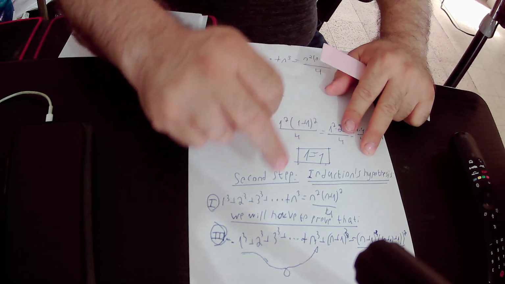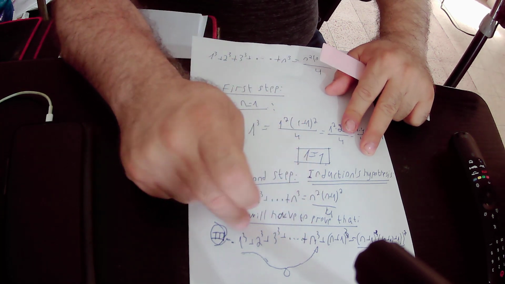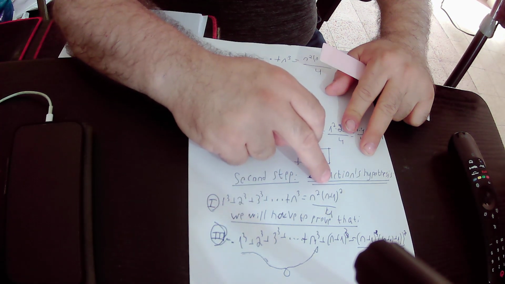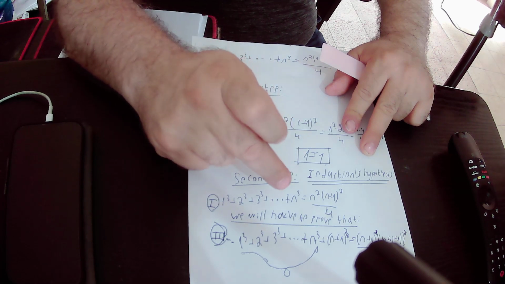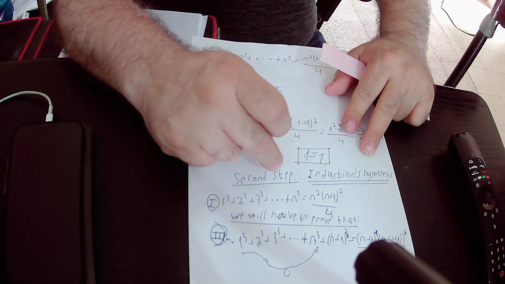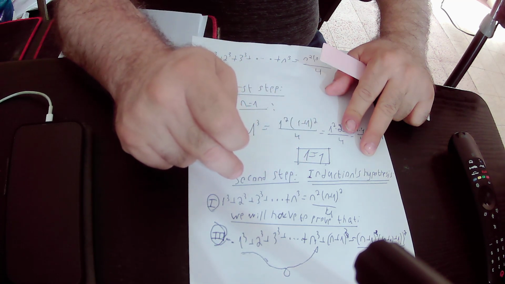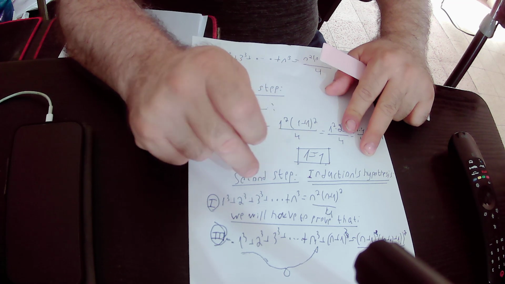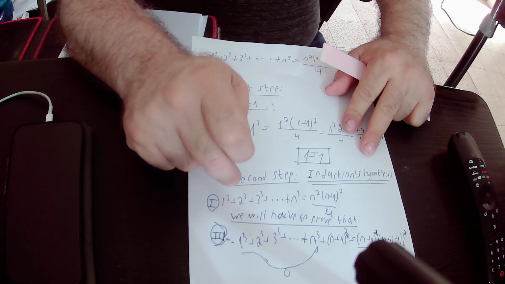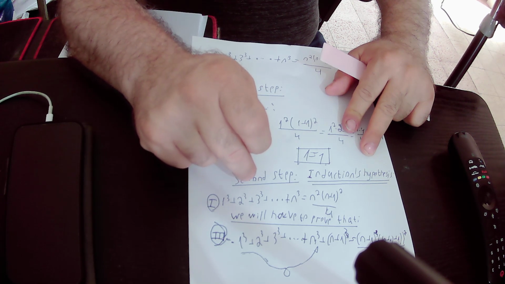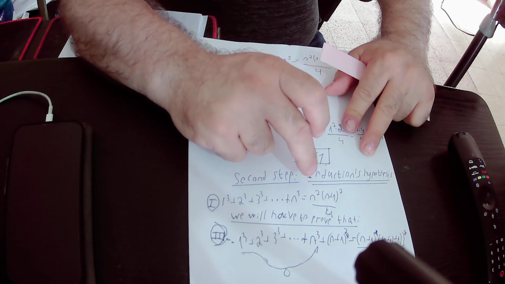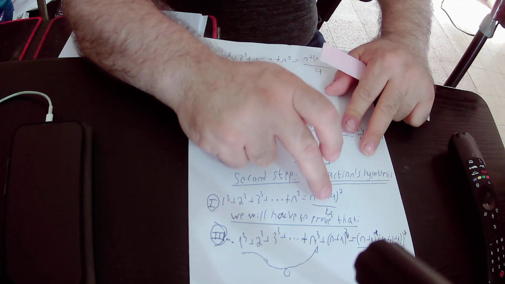So we can substitute this expression by n squared times n plus 1 squared divided by 4, because the induction hypothesis is that expression 1 is true, and if expression 1 is true, 1 to the power of 3 plus 2 to the power of 3 plus 3 to the power of 3 plus n to the power of 3 equals n squared times n plus 1 squared divided by 4.